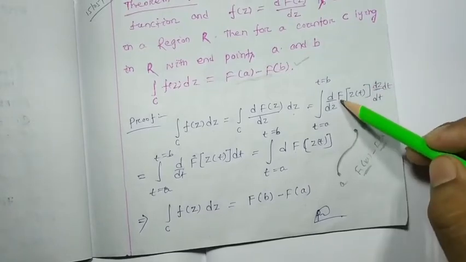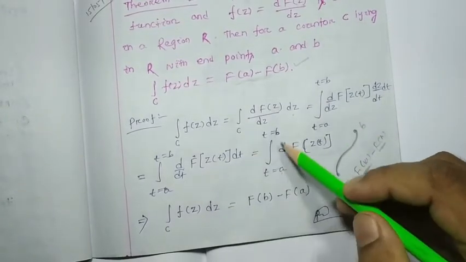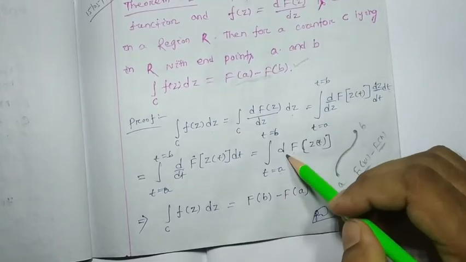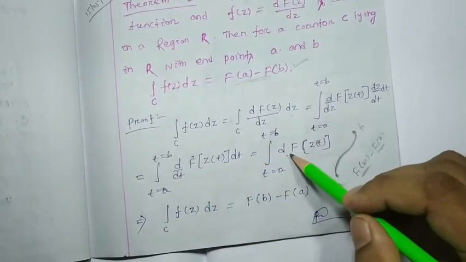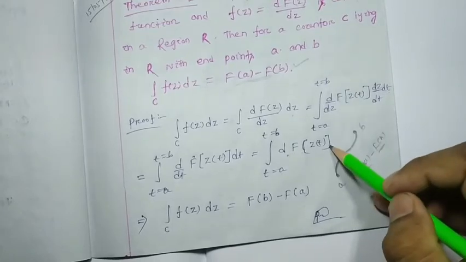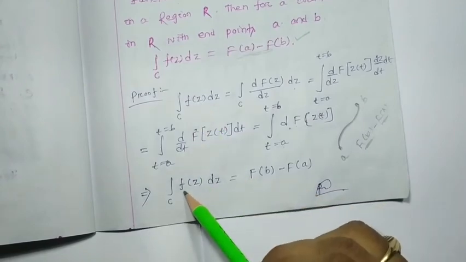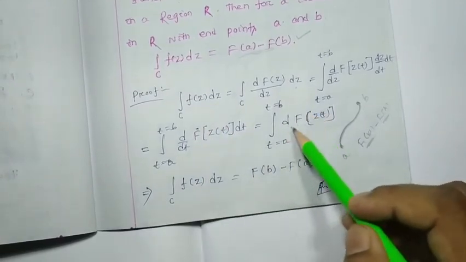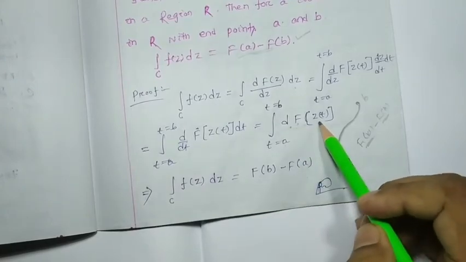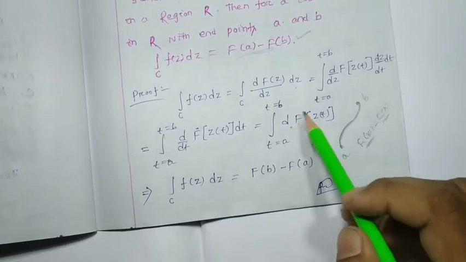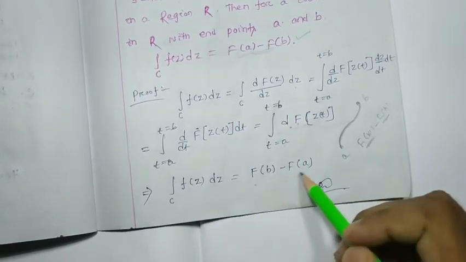So d by dt of F(z(t)) dt, and dt is again cancelled, so d of F(z(t)). That implies the contour integration of f(z) dz will be equal to, after integration, only F(z(t)). So by substituting the upper and lower limits, we get F(b) minus F(a).